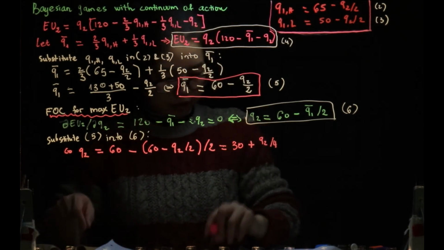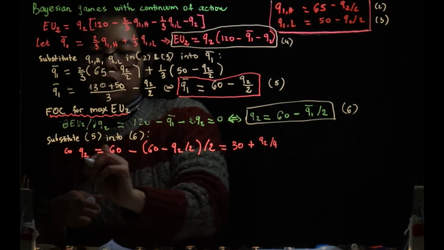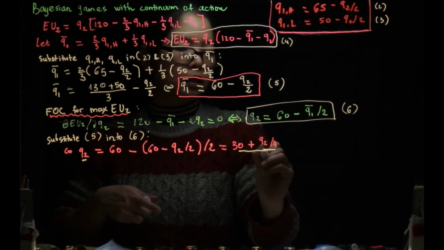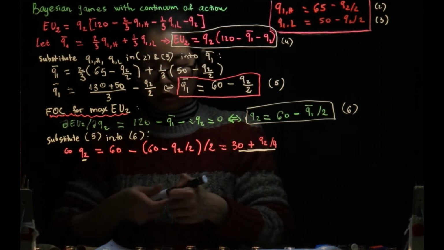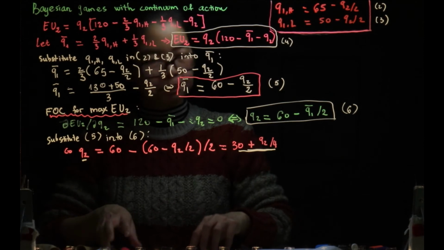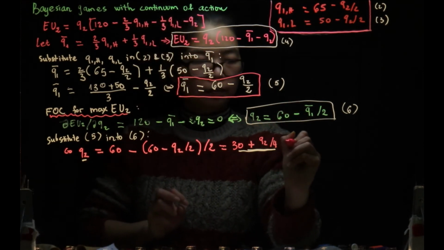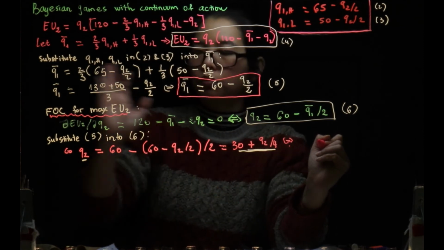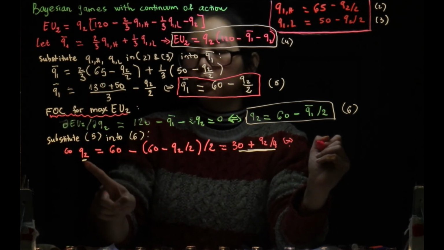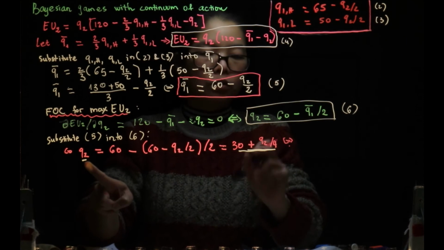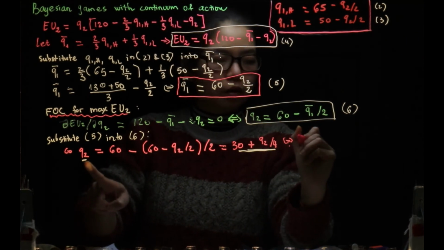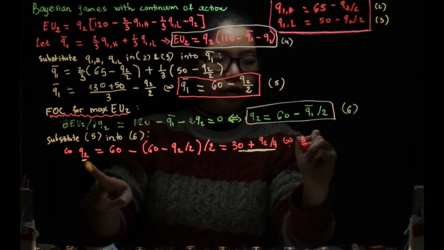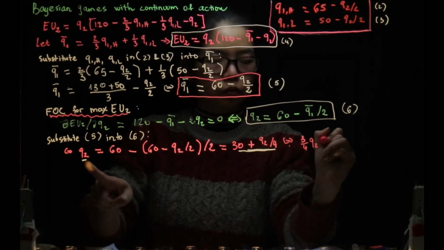So now we have Q2 on one side and 30 plus Q2 over 4 on the other side. Let's continue, meaning we just put everything with Q2 on one side. So Q2 minus Q2 over 4. On the left hand side, what will we have? 3/4 Q2.